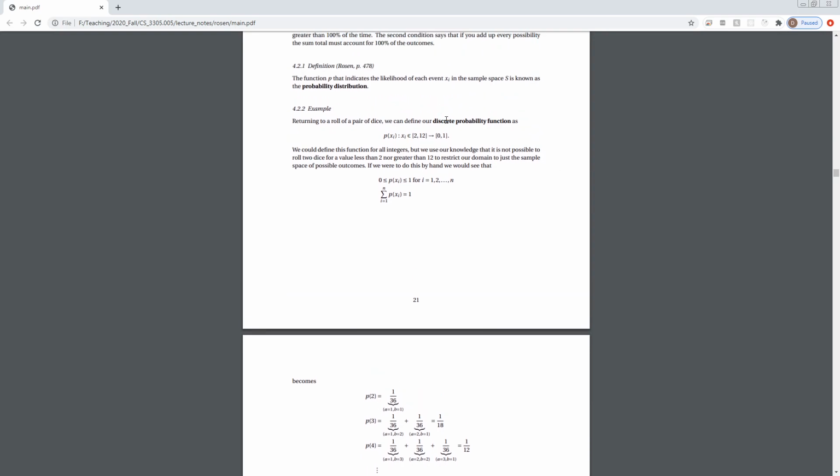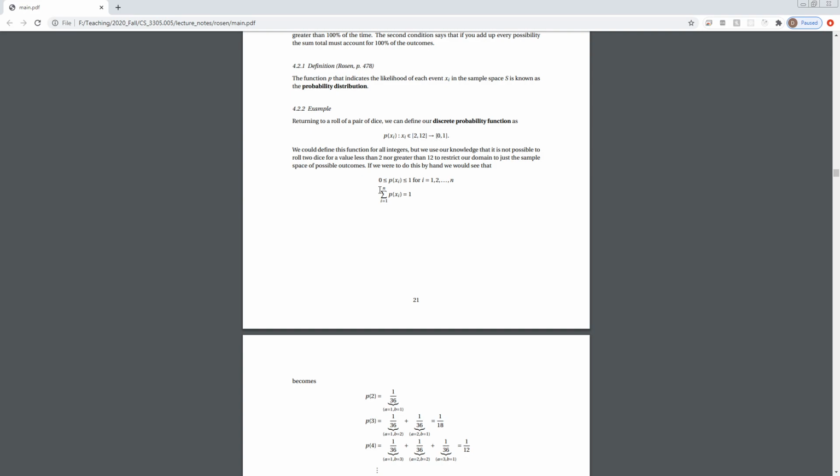Okay. The discrete probability function is what I just told you about with the roll of the dice, where we're dealing with integers, and in this case, finite sets of integers. These are the possible values, and it maps each to some probability between 0 and 1, or if you want to think of it as a percentage, between 0% and 100%.